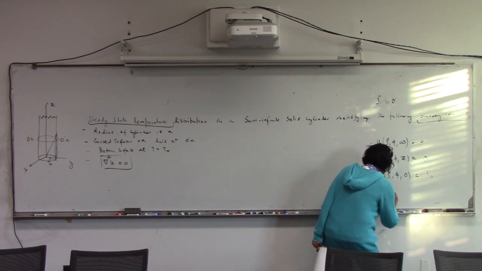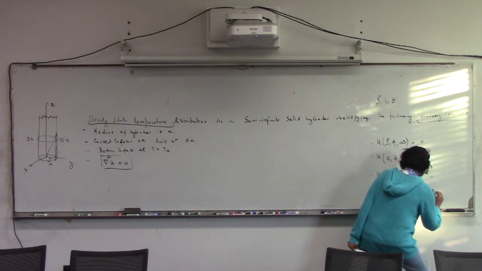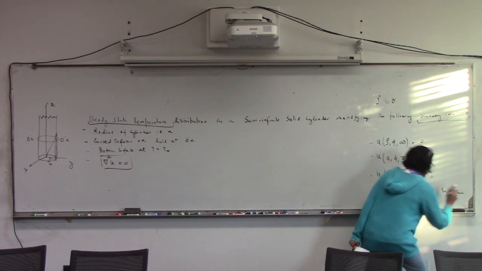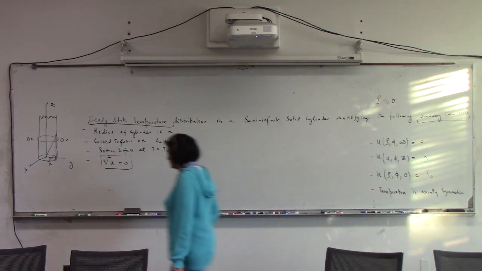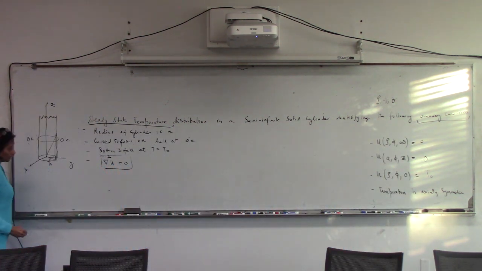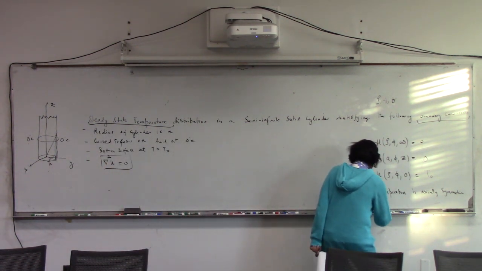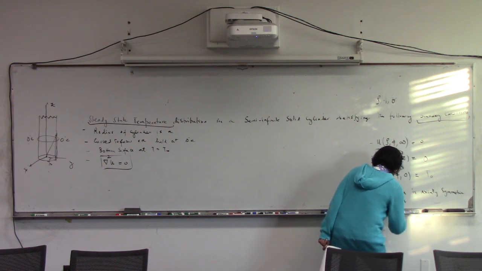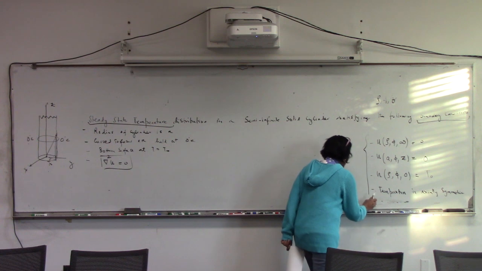Temperature will be azimuthally symmetric, and each cross section would have the same temperature distribution. Okay, so these are the conditions, and okay, let's keep that there. I can discuss this in this itself.